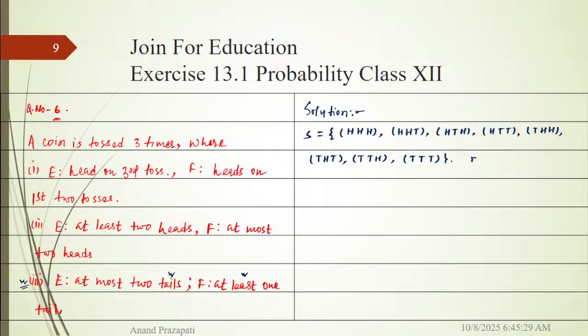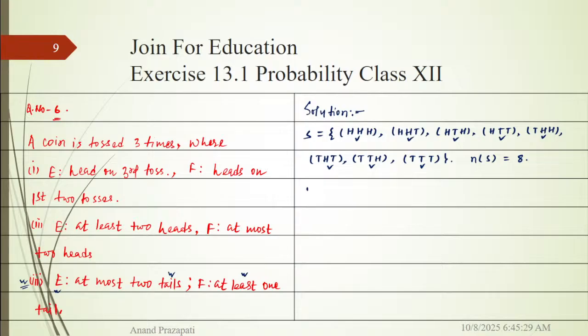So here the number of sample points will be 1, 2, 3, 4, 5, 6, 7, and this is the 8. There is no problem to understand up to this step.